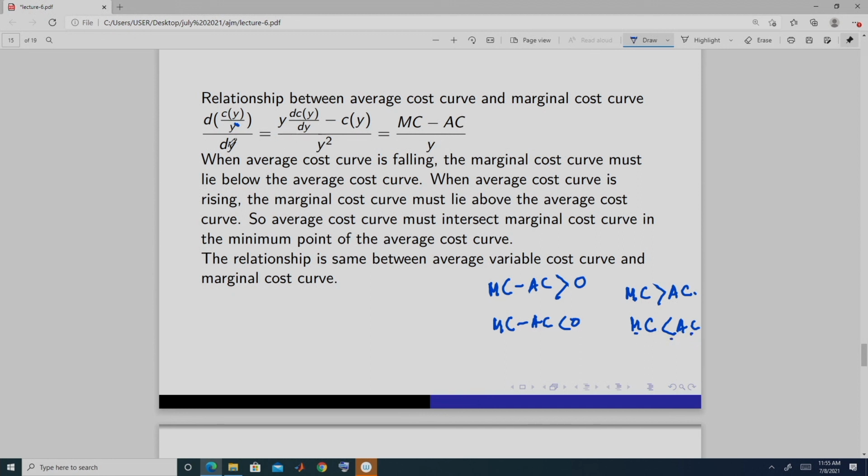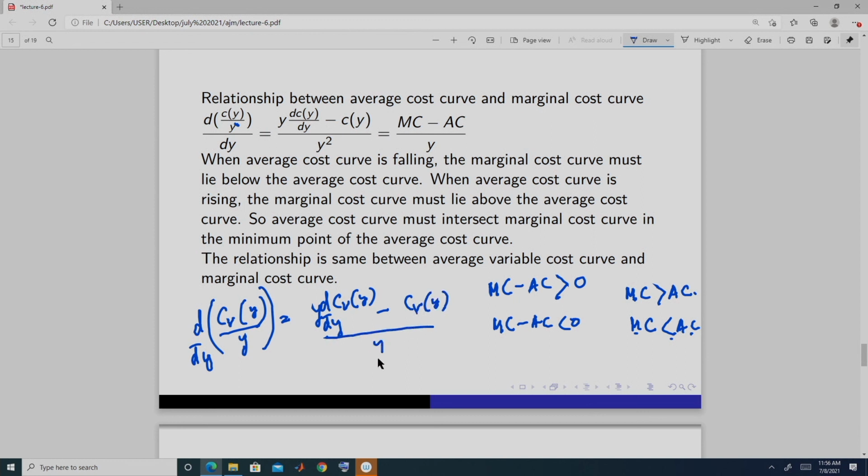Now, here if you look at this situation, instead of this, if you take this, you will get the same thing, which is equal to marginal cost minus average cost divided by output.